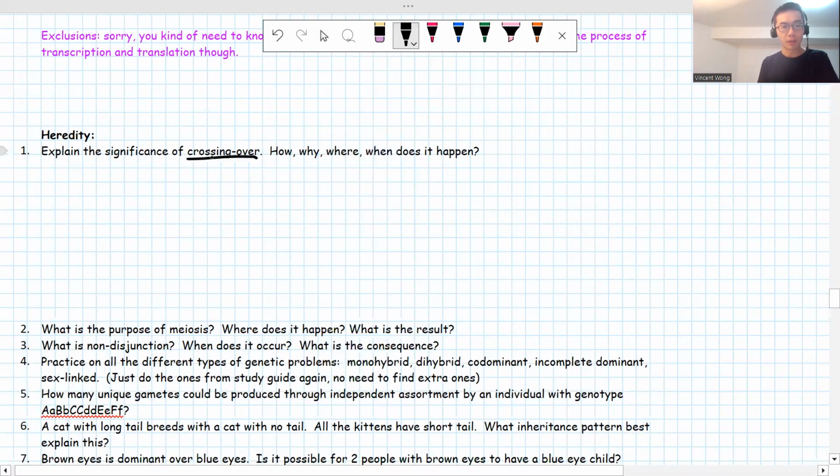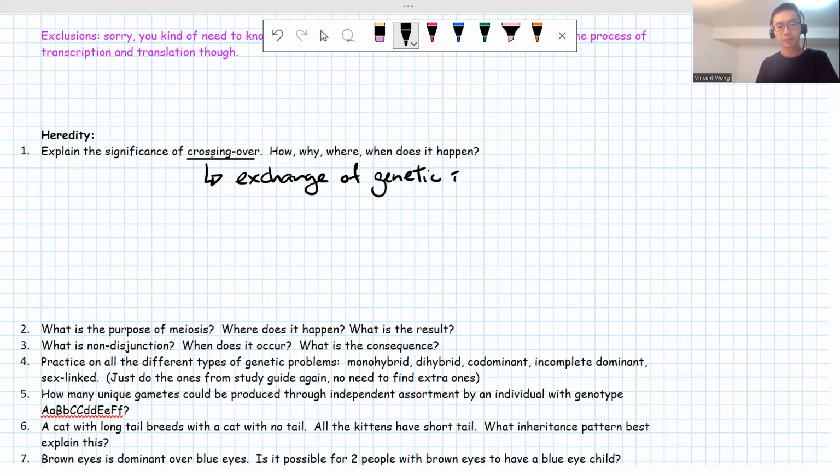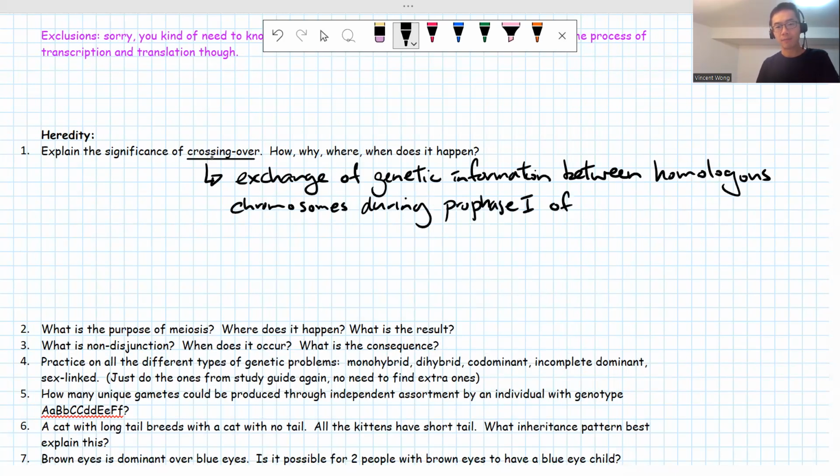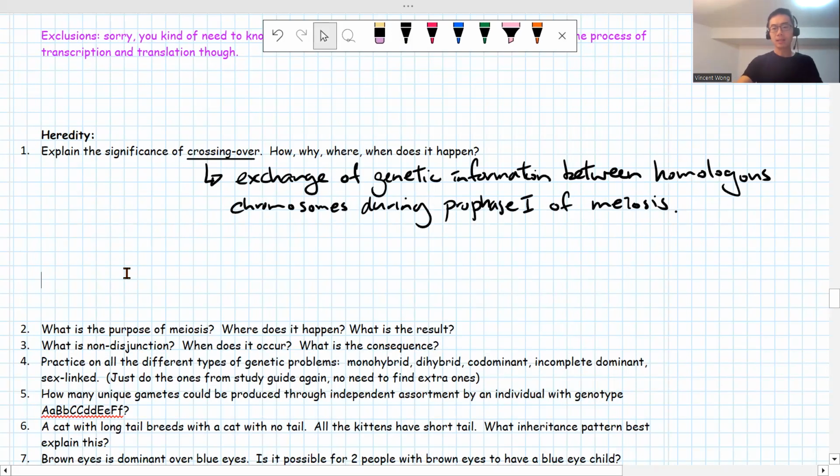So crossing over is the exchange of genetic information between homologous chromosomes during prophase 1 of meiosis. That's the what and the when.